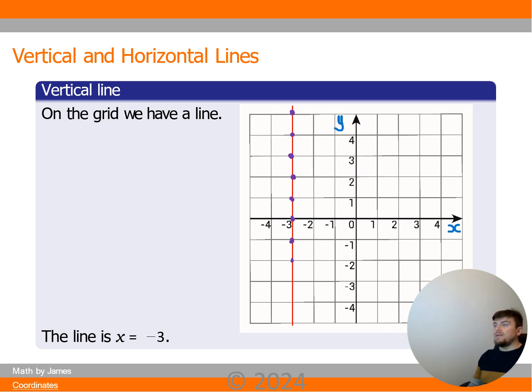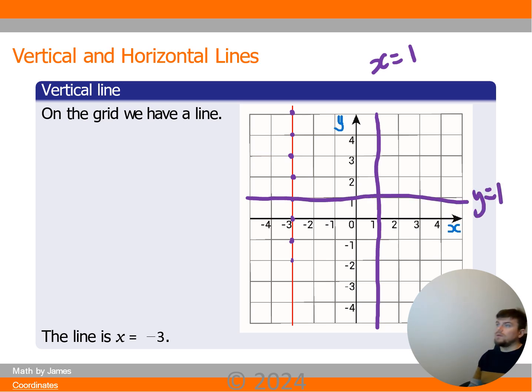If we do x is equal to 1, I don't have a straight line tool to draw on here, so the best I can. So that's x is equal to 1. And here we've got y equals 1, because each of the y coordinates. And we keep on going.